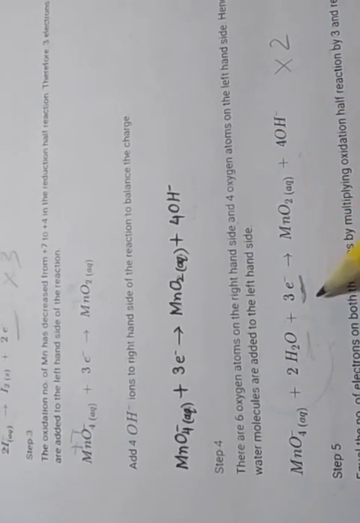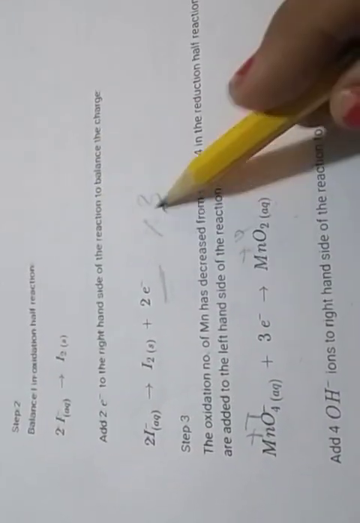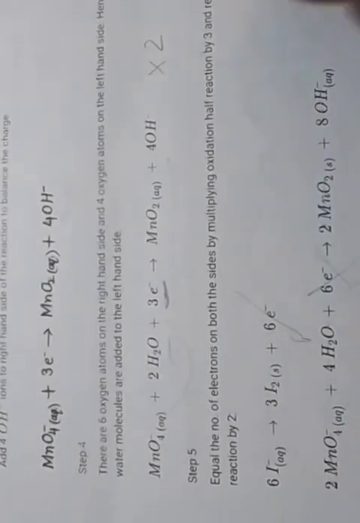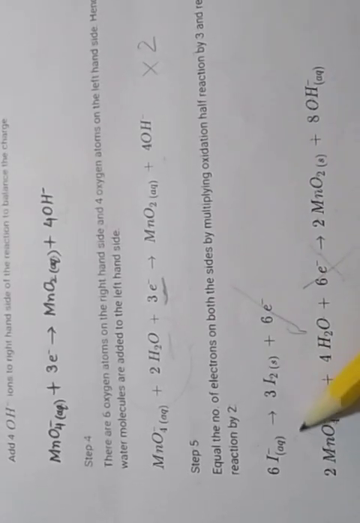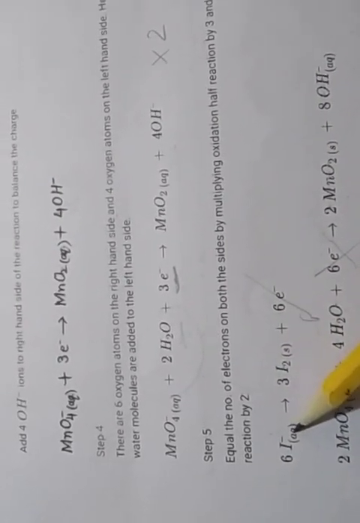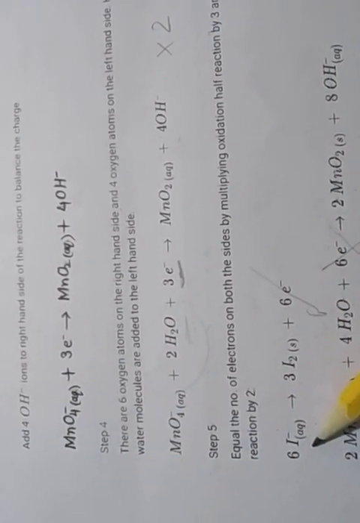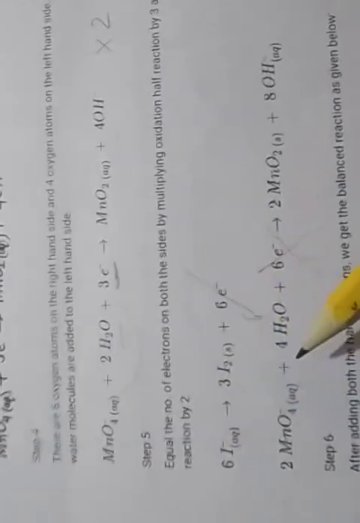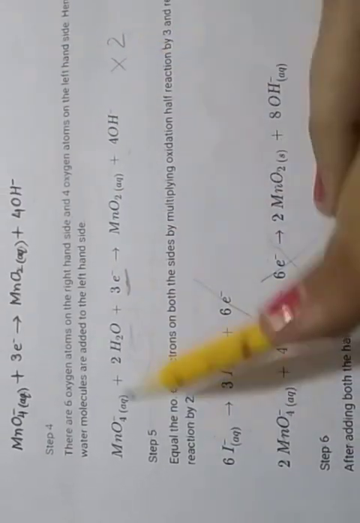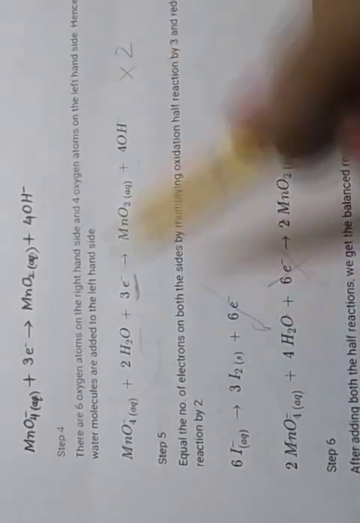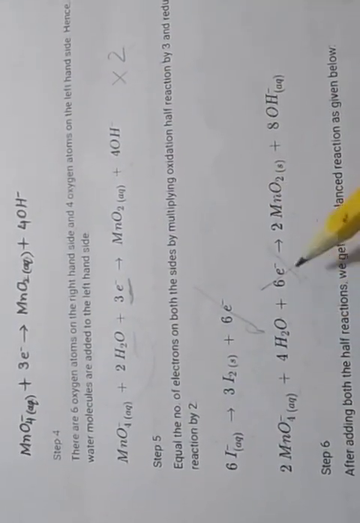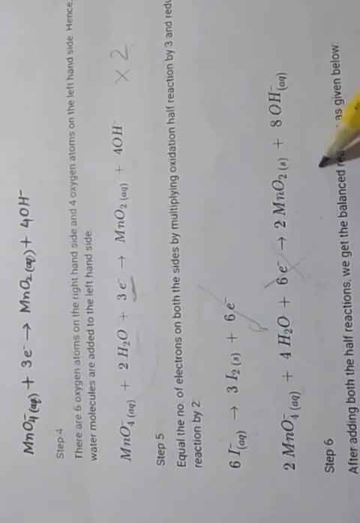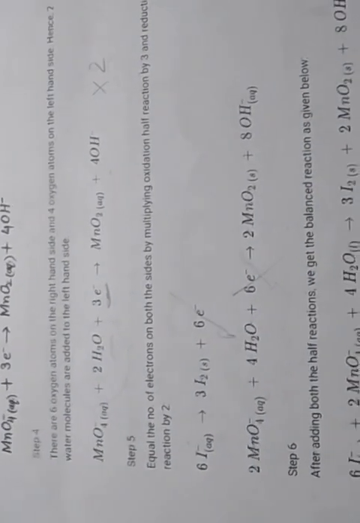So for balancing electrons, here multiply by 3 to get 6 electrons, and there multiply by 2 to get 6 electrons. So 2I minus becomes 6I minus converting into 3I2 plus 6 electrons, and then 2 MnO4 minus plus 4 H2O plus 6 electrons convert into 2 MnO2 plus 8 OH minus.